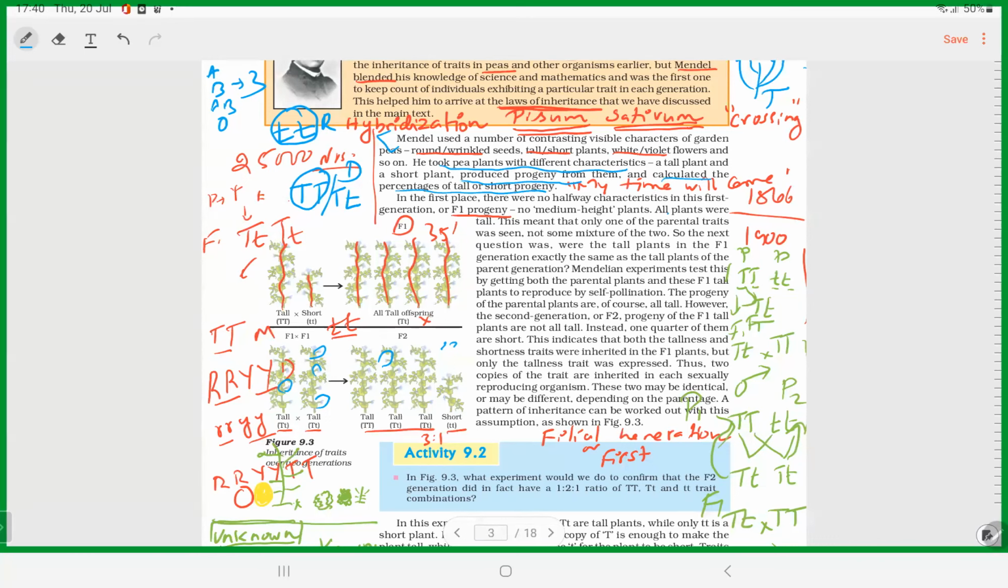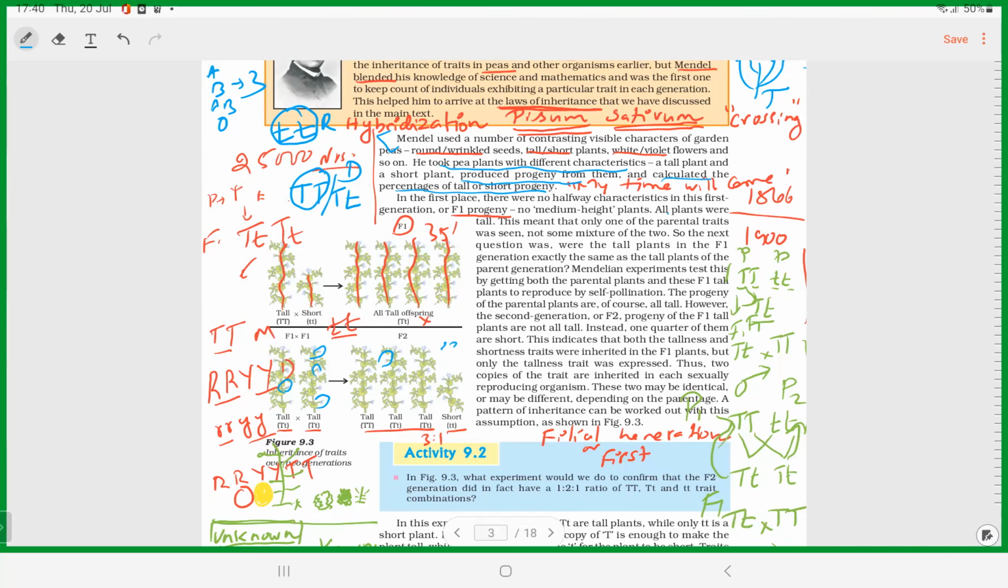He selected plants with contrasting characters, crossed 2 contrasting character plants and calculated the progeny for their characters. One is dominant, tall is dominant, another one is recessive.